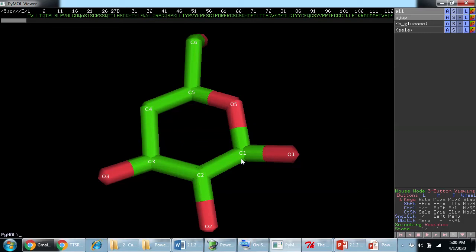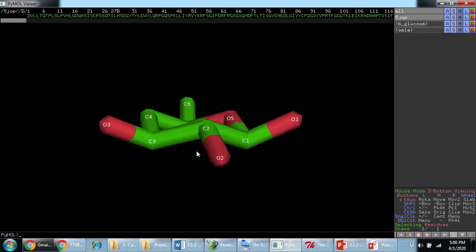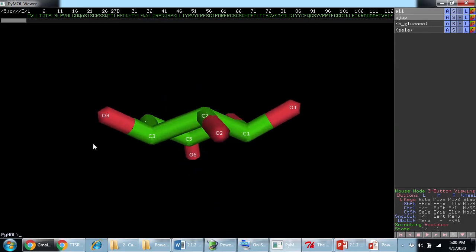The carbon atoms are shown in green color. Carbon 1, 2, 3, 4, 5 and 6. Oxygen atoms of the hydroxyls are shown in red color. Hydrogen atoms are not shown here. You can see that when the ring is rotated, all atoms do not lie in the same plane.